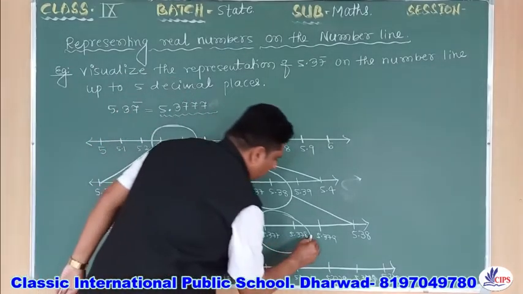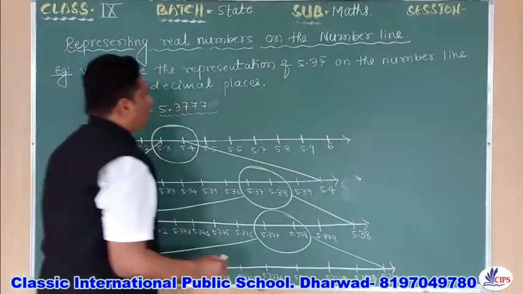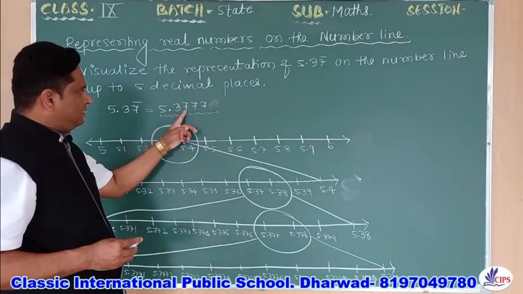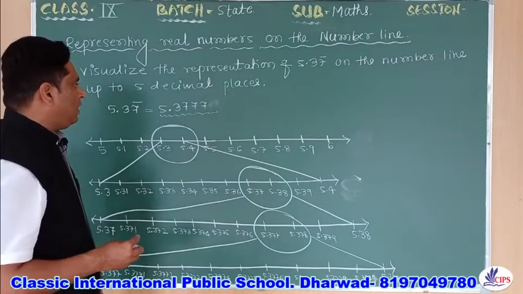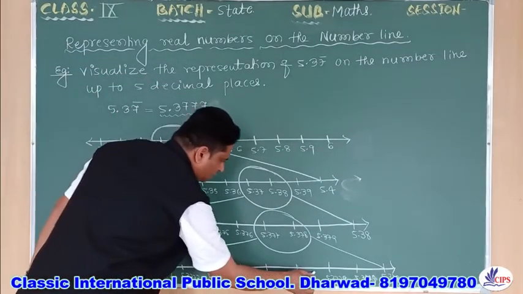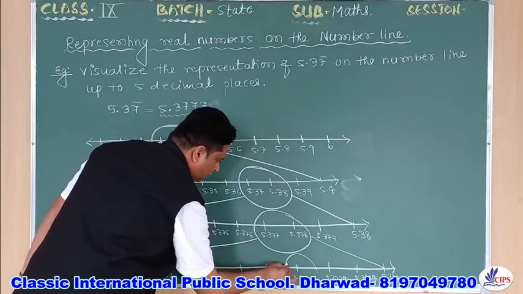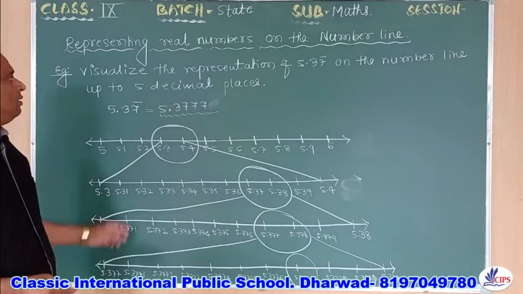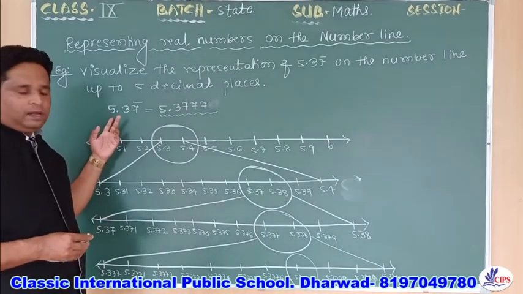and this number I brought it here. What we want here? 5.3777. Okay, so this is our required number, 5.3777. This is how we can represent the real number on the number line.